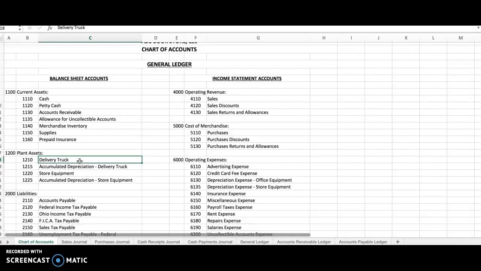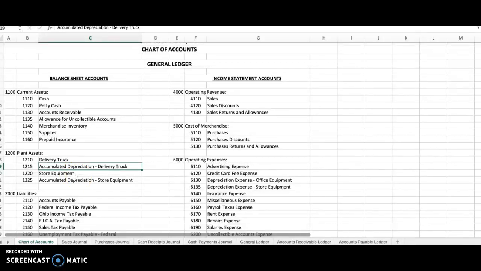Even if the delivery truck may be 10 or 15 years old, that account still has the original value of the truck. The accumulated account, though, keeps track of how much it wears out month by month or year by year. This is so that we can tell by looking at the balance sheet where this will end up that the delivery truck costs us a certain amount of money, and the other account right below it on the balance sheet would show how much it has declined in value, how much it has depreciated.